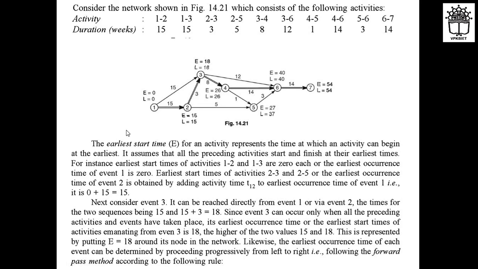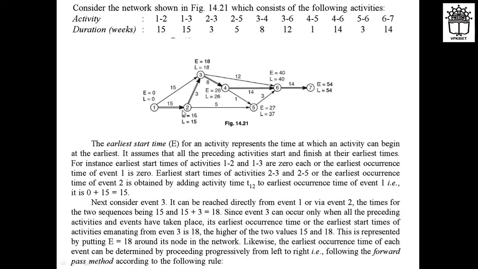Okay. Now let us move to the second activity, that is activity number 2. On node 2, what is the earliest start time? Because for performing this activity 1 to 2, it requires 15 weeks. After completing this, you can move forward for the 2 to 3 or 2 to 5 activity.